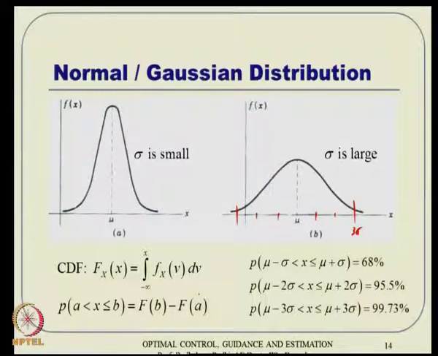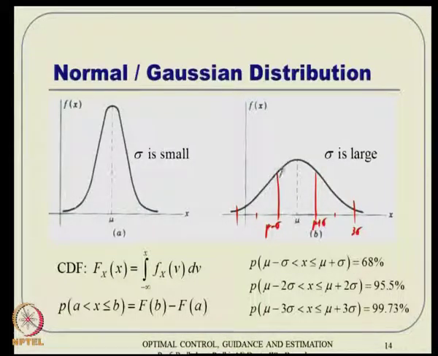So if I take this one and talk about the probability between this interval, that is mu minus sigma to be exact, and this is mu plus sigma. If I take the probability between this interval, it turns out to be 68%.